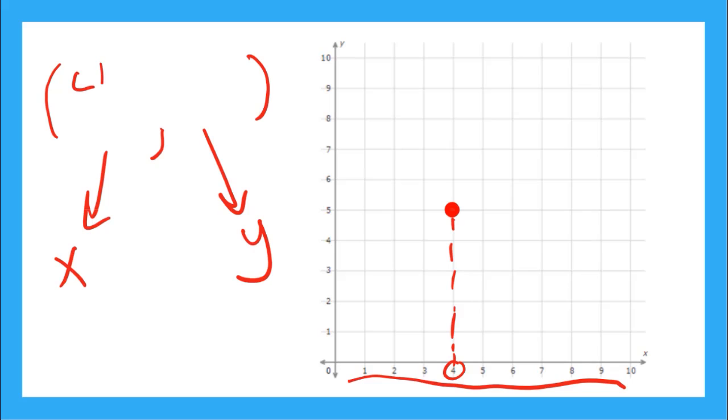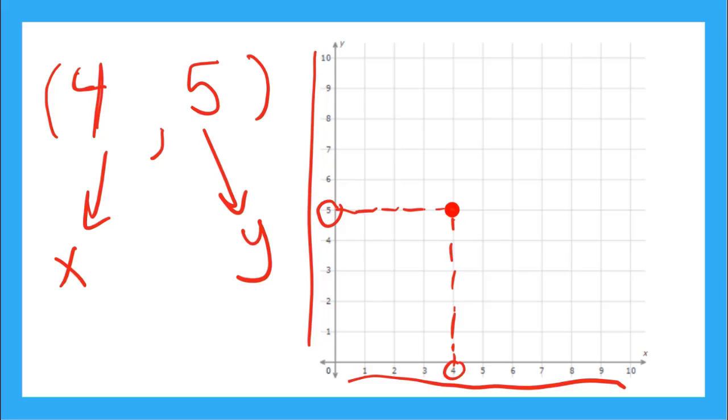So I can put 4 in here. And now to find my y-coordinate, I know it lives here on my y-axis. So if I just draw a little line over here to my y-axis, it meets up at y-coordinate 5. So I can put that right there. Now I can go ahead and label my point as point 4, 5.